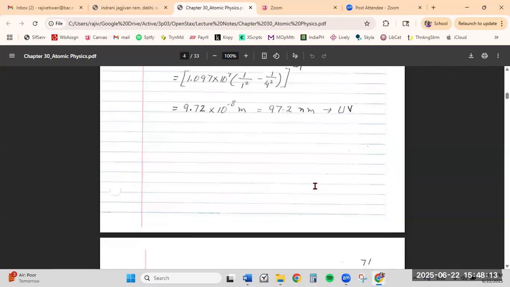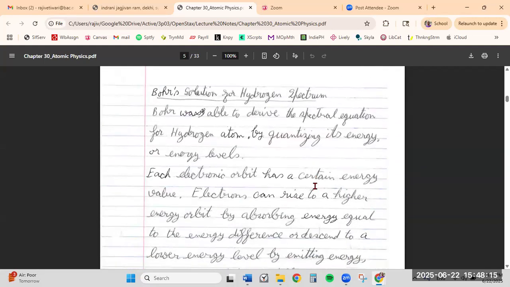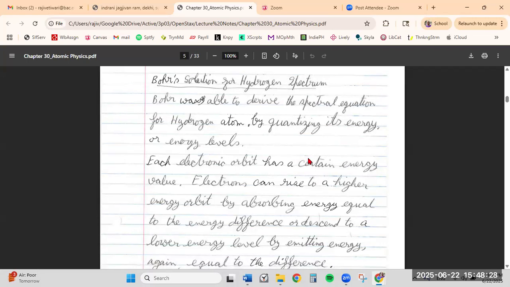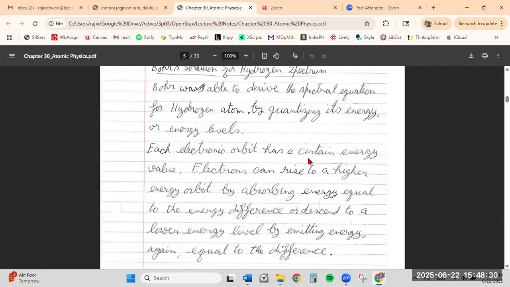So that's the work that Bohr did to come up with an explanation for the hydrogen spectrum. He was able to derive the spectral equation for hydrogen atom by quantizing its energy levels.